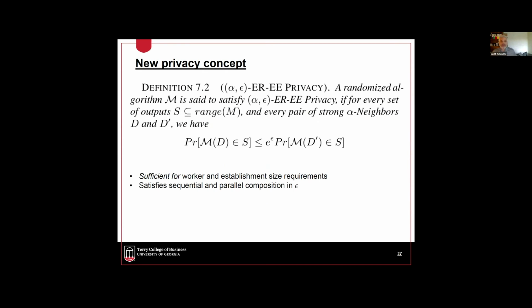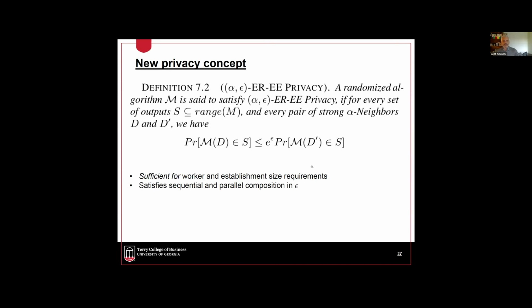So this leads to a new privacy concept, which is alpha epsilon EREE privacy. The privacy definition is exactly the same privacy definition that we saw for differential privacy. All that we've changed is our definition of neighbors. So now we're saying that for every pair of strong alpha neighboring databases, the ratio of the probability of seeing any output when the mechanism is operated on the data set D relative to its strong alpha neighbor D prime is going to be bounded by e to the epsilon.